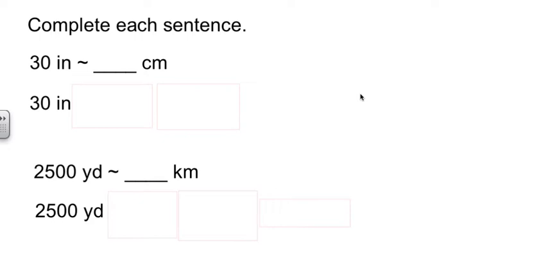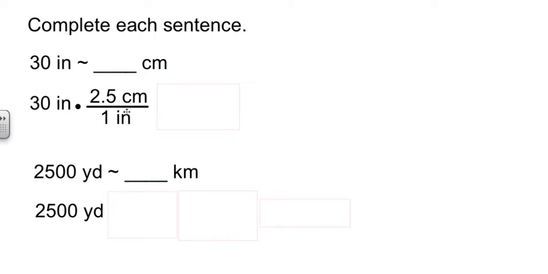So let's do a couple of these. I've been given 30 inches, and they want to know roughly how many centimeters that is. 30 inches, we need an inch to centimeter conversion. And we know from the previous page that 1 inch is roughly 2.5 centimeters.